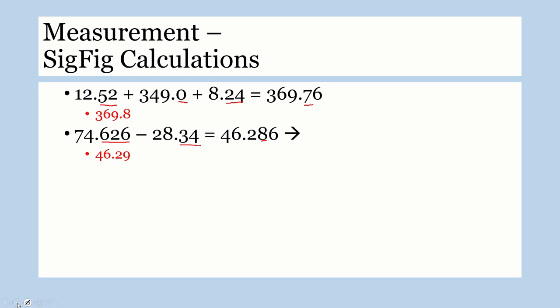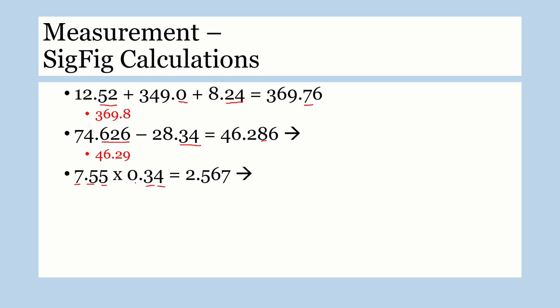Now multiplication and division. So here we have a multiplication problem. 7.55 times 0.34. So you get 2.567 when you put this into your calculator, but this is multiplication and division. So you have to count the number of total significant figures. This has 1, 2, 3 significant figures.